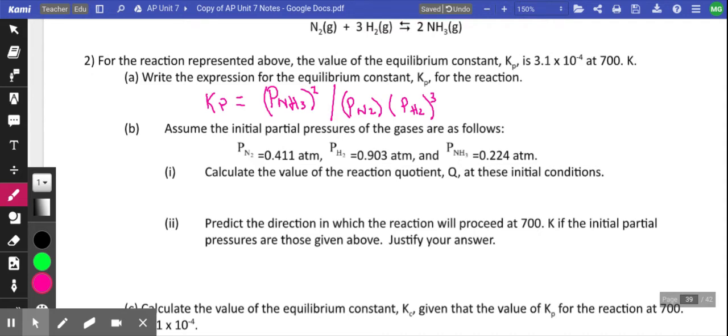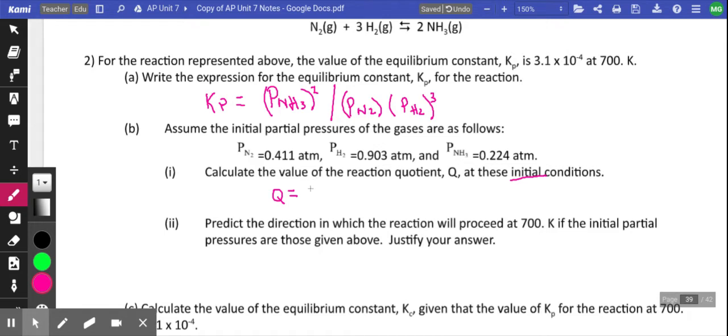Okay, then in part B, they give me these concentrations, and these are the initial concentrations under these initial conditions. So I can calculate Q here. Remember, Q is going to have the same setup as K, but it's at any point in the reaction. It's not just when these substances are at equilibrium. So to calculate the Q here, I'm going to plug these pressures into my K expression, knowing that this is not at equilibrium.